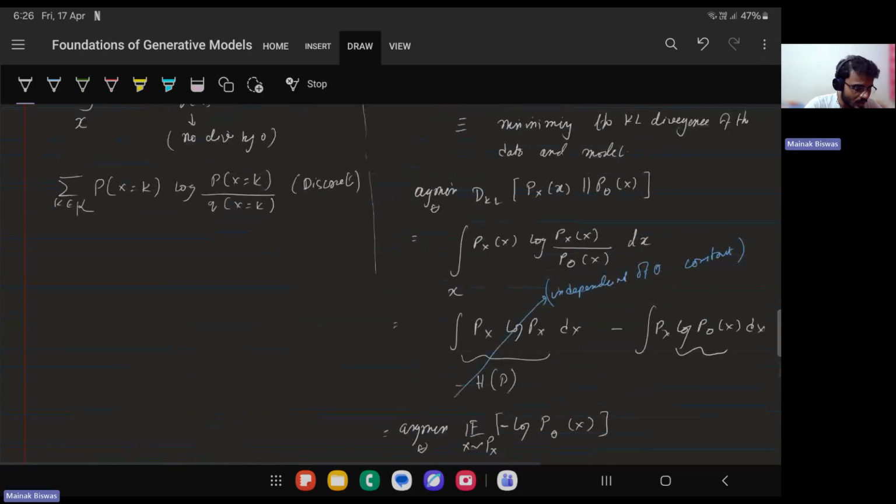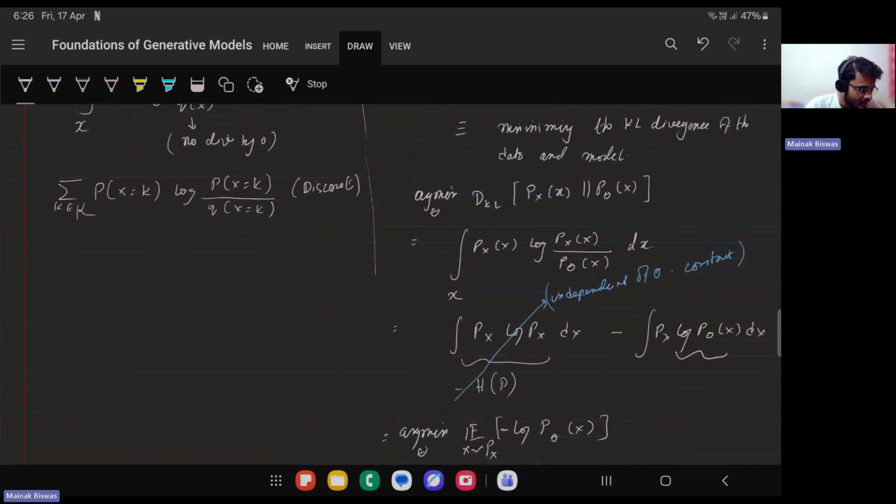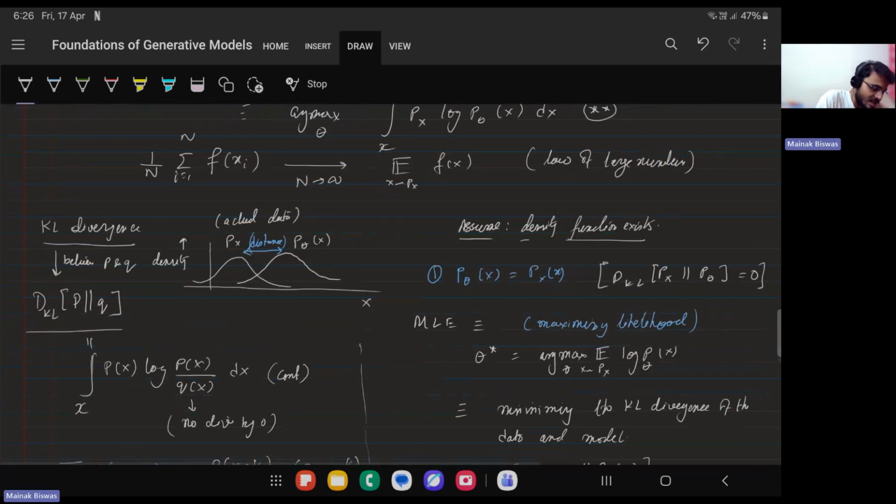Okay, so the math aside, what did we learn? We learned that the KL divergence between 2 distributions is always positive, and the distance between these 2 distributions can be measured in terms of KL divergence, and minimizing the KL divergence between the model and the data is equivalent to maximizing the likelihood of the model.